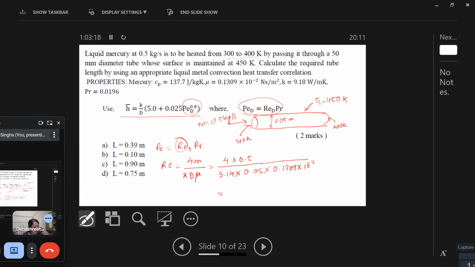So how much do we get for Re? It comes out to be around 9727. So we can now calculate Pe_D. This is equal to 9727 into Pr. Prandtl number is 0.0196. So how much do we get this as?